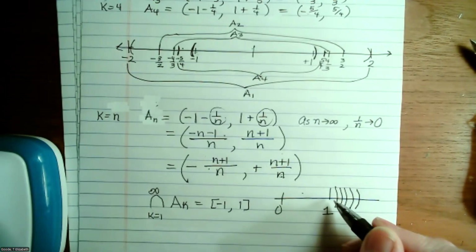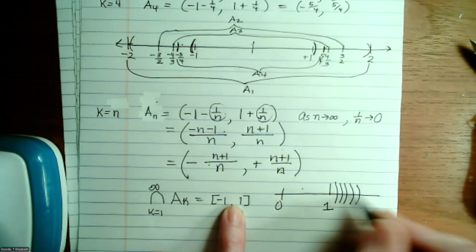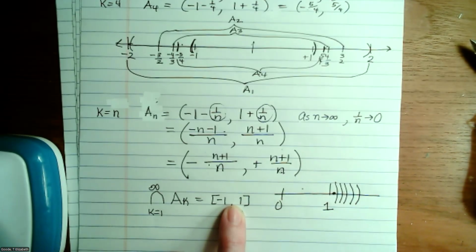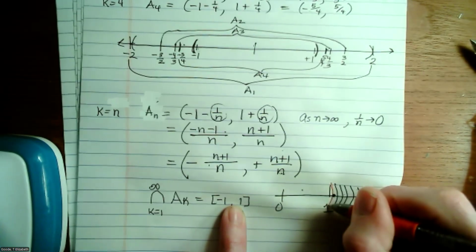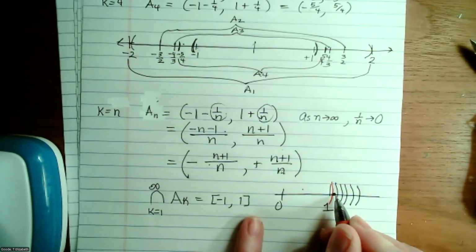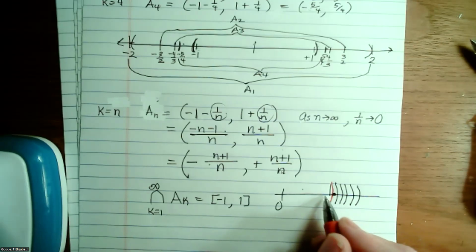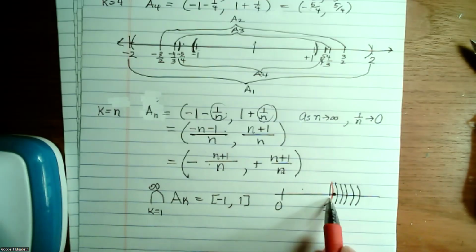The minute you think that there's a number to the right of 1 that would be in all of them, your worst enemy just has to say, "You think that's going to be in the intersection of all of them? But what about the one that's to the left of that?" And it leaves that point out. So there is no guaranteed point on the right that's going to be in all of these except 1. See what I mean?